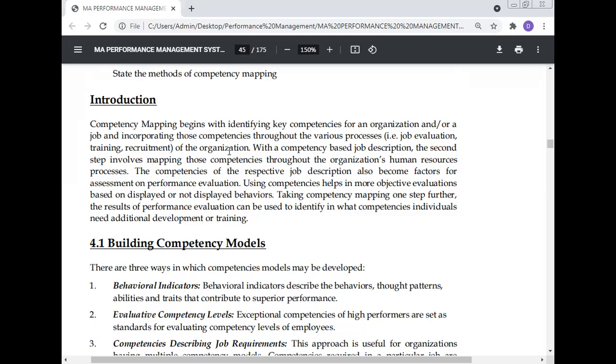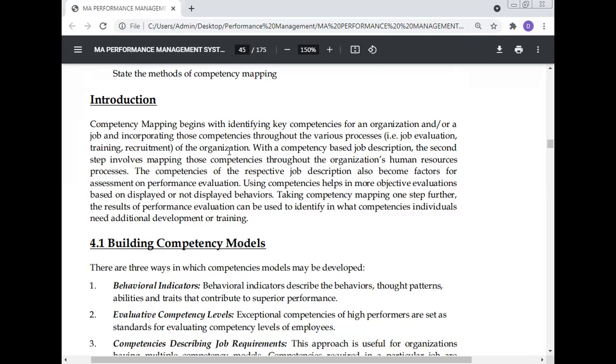With a competency-based job description, the second step involves mapping those competencies throughout the organization's human resource processes. The competencies of the respective job description also become factors for assessment in the performance evaluation.